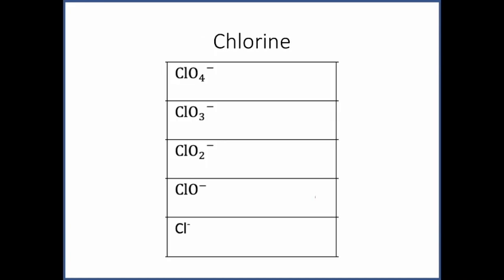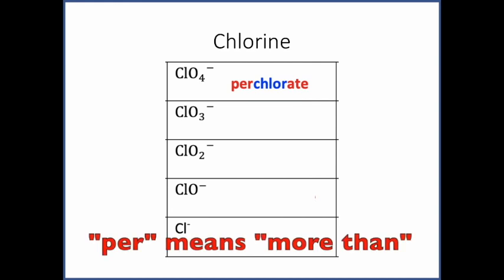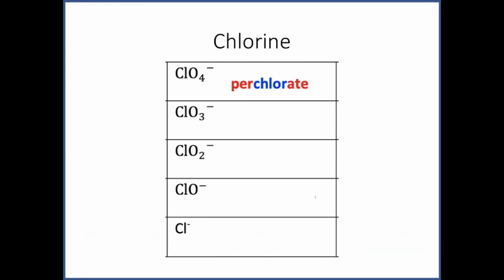Let's start with the oxyanions that form with chlorine. The oxyanion that contains 4 oxygens is named perchlorate, with a "per" at the beginning and an "ate" at the end. The one with 3 oxygens is named chlorate, with an "ate" as a suffix. If there are 2 oxygens, it's called chlorite.